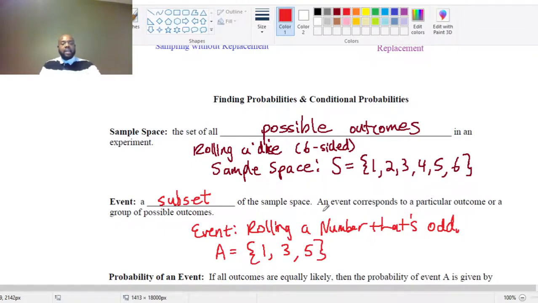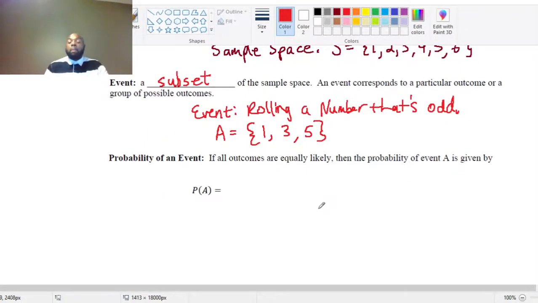So if we want to know the probability of the event, if all outcomes are equally likely, and this is what we assume a lot, that our things are equally likely, that means things are fair. I don't have a higher probability of rolling a 4 compared to rolling a 2 or a 1, right?